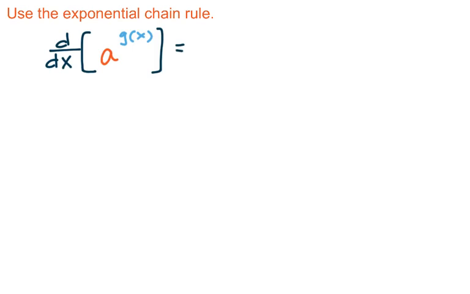The derivative of the outside is going to be a to the g of x. And of course, because my base is a, I'm going to multiply by natural log of that base. But because I have an expression up here, I will also need to take the derivative of the inside. So that would be g prime of x.